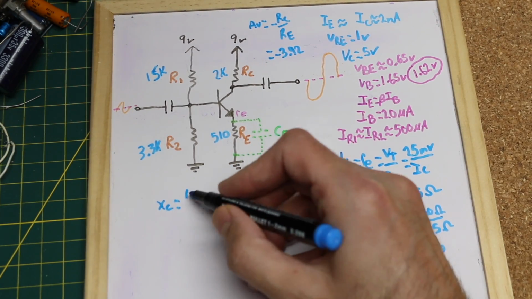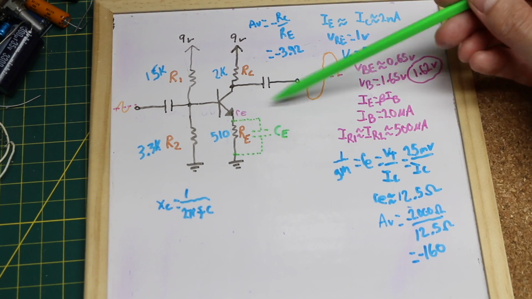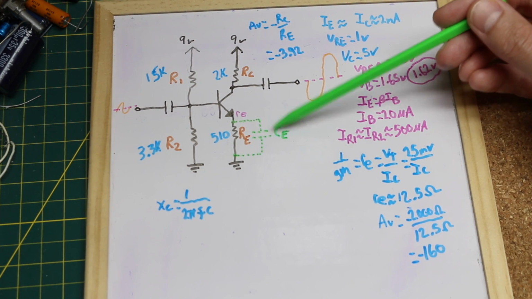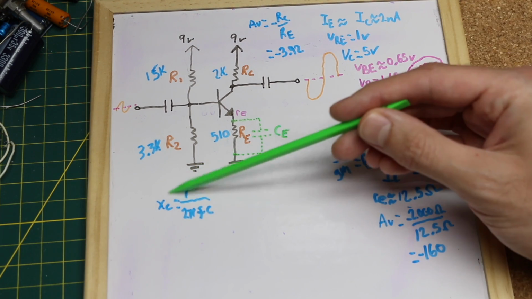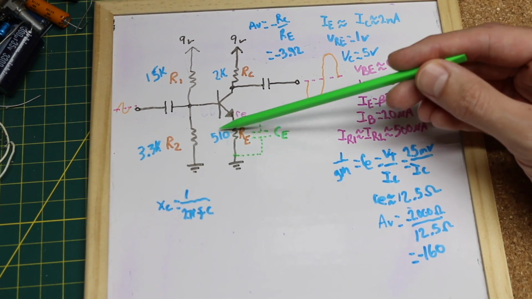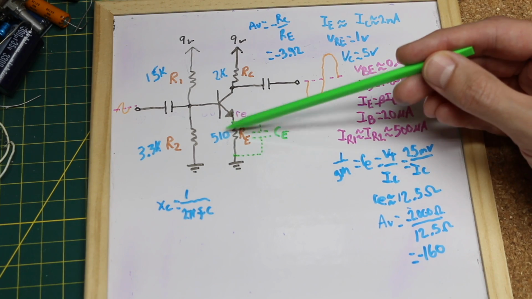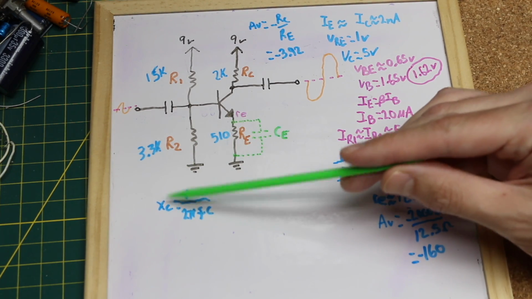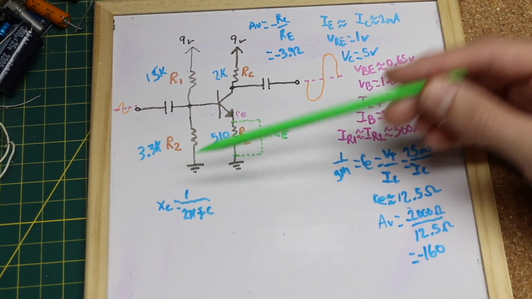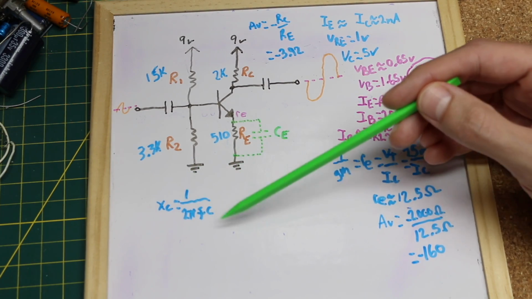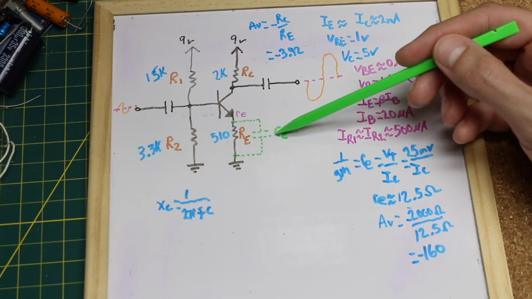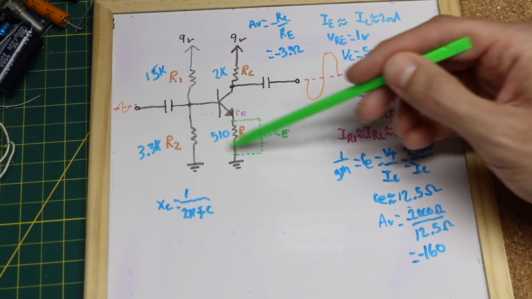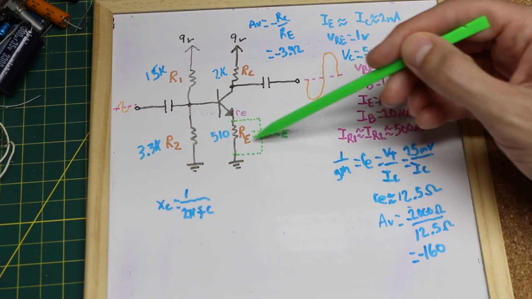Reactance is 1 over 2 pi, and then the lowest frequency of interest, let's say it's 20 hertz, times capacitor value. We could say we want XC to be 510 ohms divided by 10, so around 51 ohms or smaller. We can just pick a number, calculate what capacitor value gives us that reactance. The larger the capacitor, the smaller this overall external emitter resistance will be.